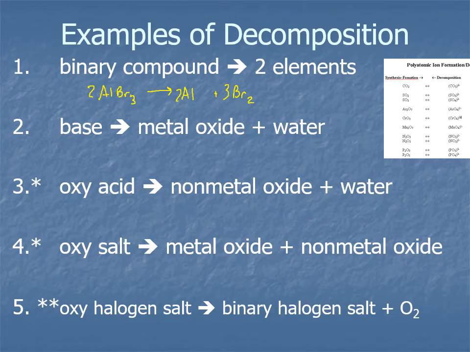So there you go. What about a base? Remember, a base is a metal hydroxide. So let's go ahead and do, how about calcium hydroxide? Calcium hydroxide is going to break down into a metal oxide, 2 positive, 2 negative, so just CaO, and water. So I don't have to do much there, but just say water, and then balance it. This one actually self-balances.